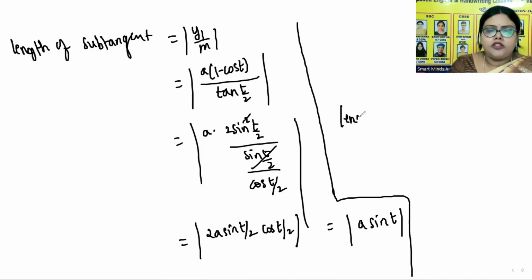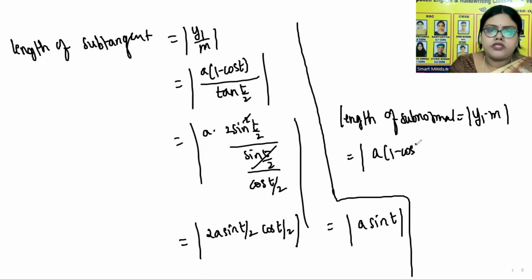Now what is length of subnormal? Length of subnormal formula is mod y1 into m. That is mod a into 1 minus cos t into tan t by 2. That is equal to mod a into 1 minus cos t is 2 sin square t by 2.